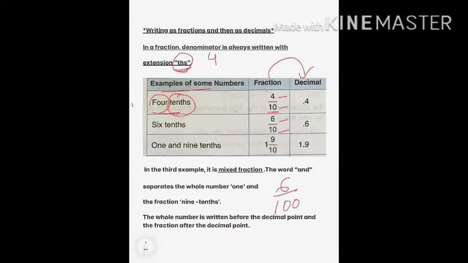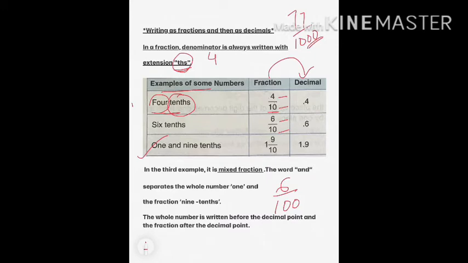How do you read that? 6 hundredths. What if a number is like this, 77 upon 1000? You will read that as 77 thousandths. THS will be added to the denominator. So this is the way of reading a fraction, especially a decimal fraction having 10, 100 and 1000 as denominators.